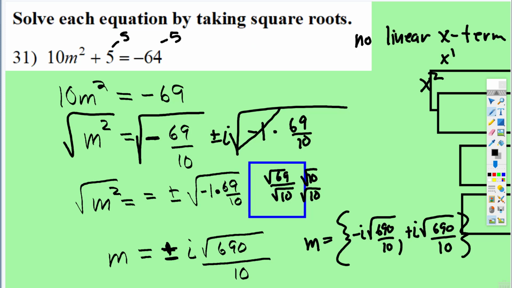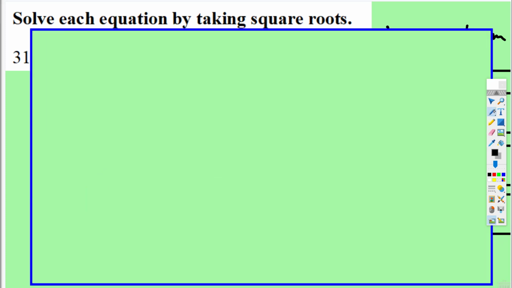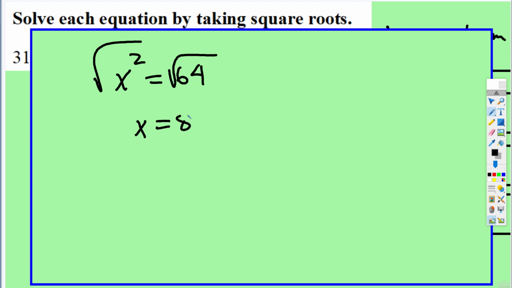Let's do another quick example. I'll just make up something. Let's say we had x squared is equal to 64. So you could just take the square root of both sides. Well, one of the most common mistakes that I see students make, they say, oh, x is equal to 8.